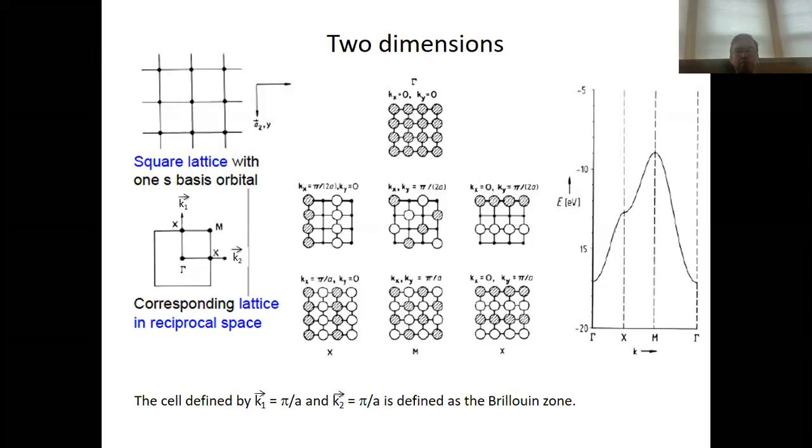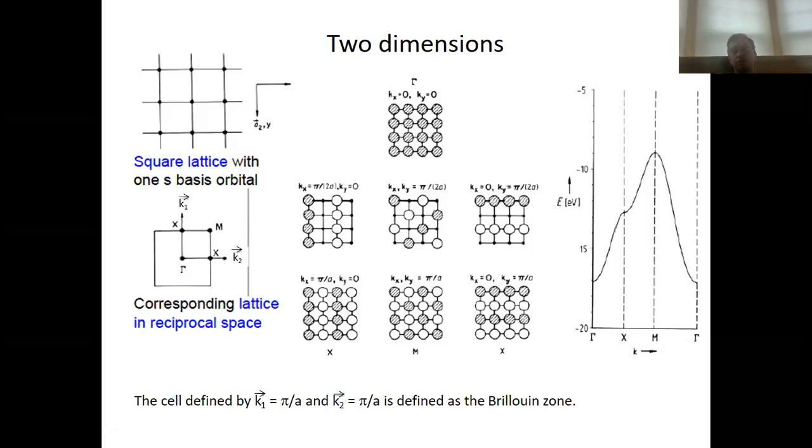So the most simple imaginable 2-dimensional extended solid would be a square lattice of hydrogen atoms. Again, hydrogen is the most simple atom, having only the one s orbital as valence orbital. We arrange the hydrogen atoms in a square lattice. That's the most simple 2-dimensional lattice we can imagine because it has the highest symmetry.